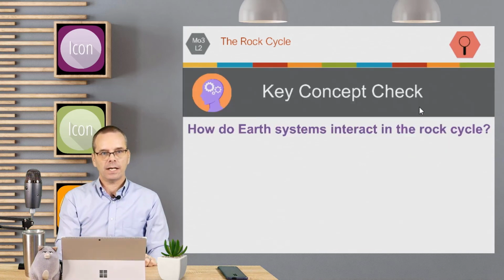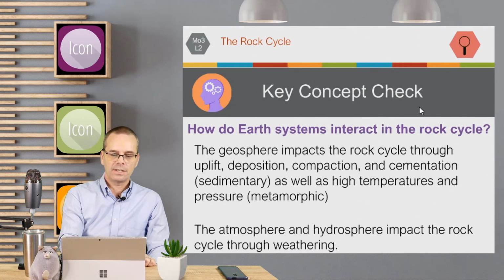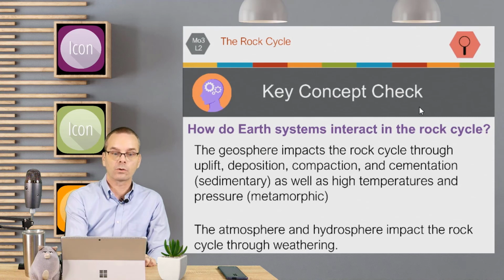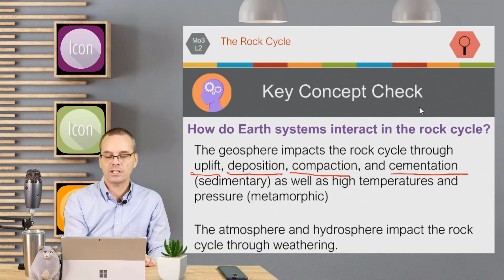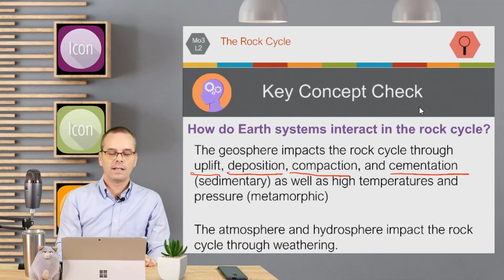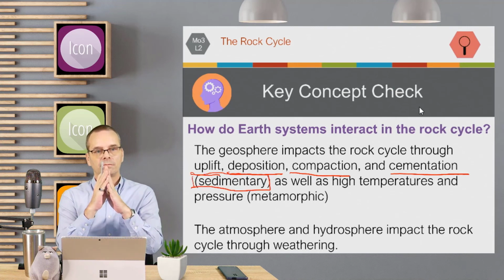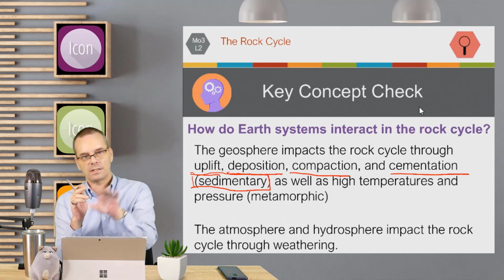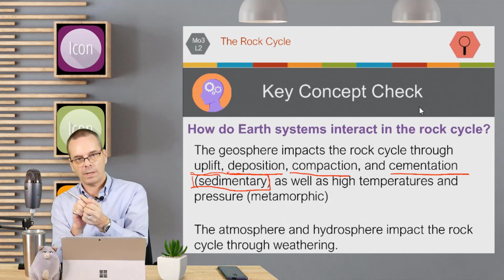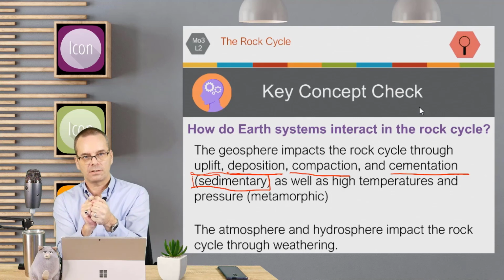So a key concept check: how do Earth systems interact in the rock cycle? Again, we said the geosphere impacts the rock cycle through uplift, deposition, compaction, and cementation. That is the sedimentary interaction: uplift, weathering, deposition, compaction, cementation.